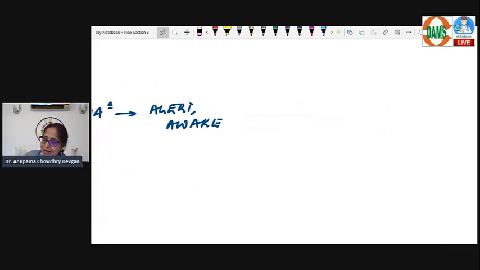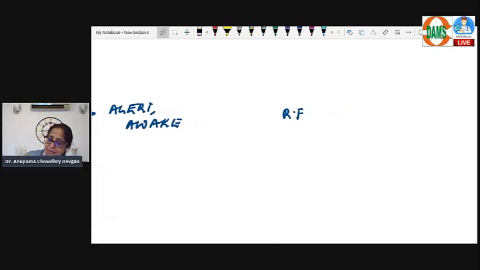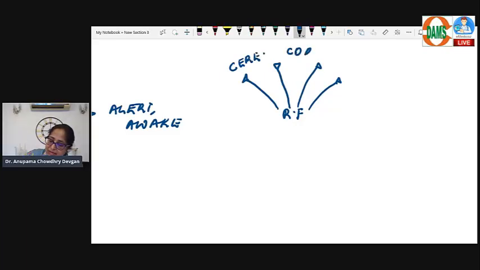Okay? Now that means basically, if you see this, from the reticular formation, there are fibers which go to the cerebral cortex, right? They go to the cerebral cortex. And this is called ARAS.